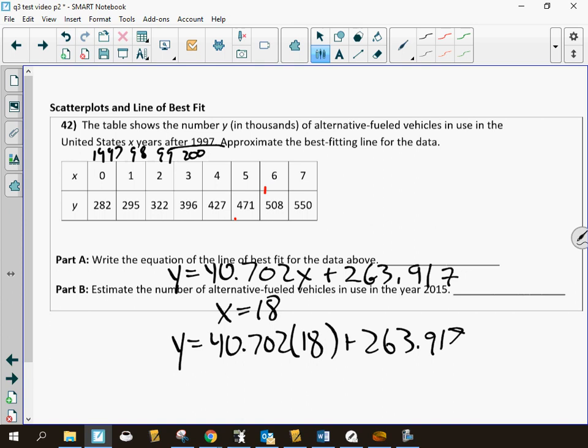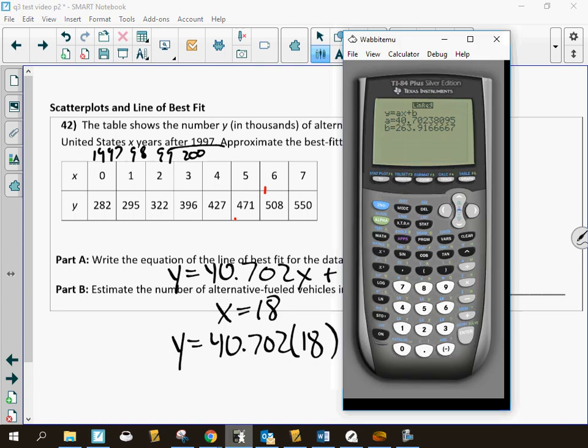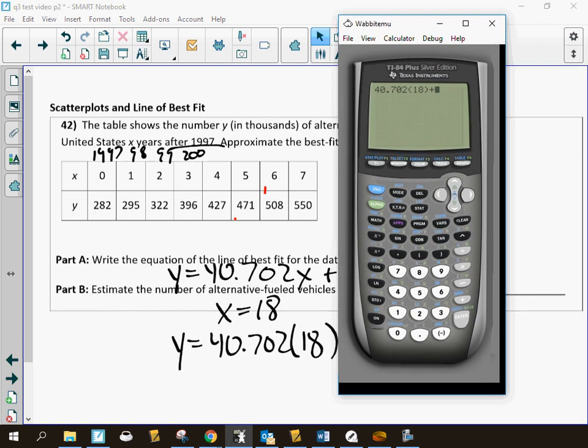And here I'll do it on the calculator on the board. So 40.702 times 18 plus 263.917.